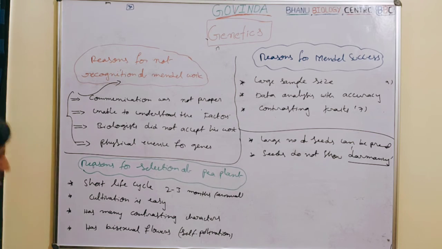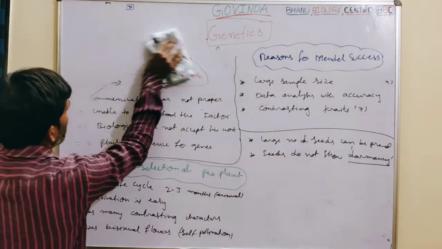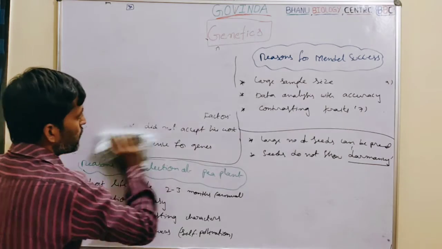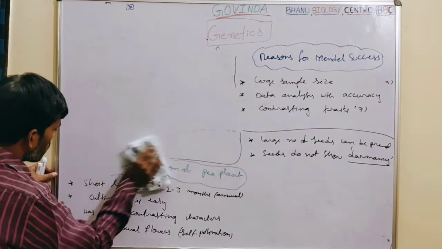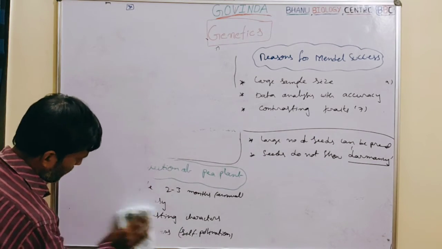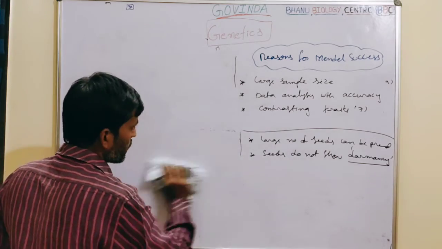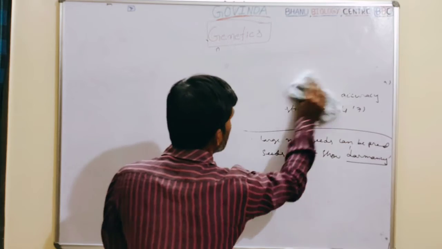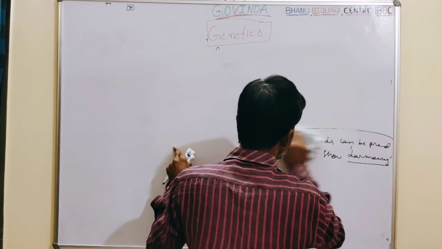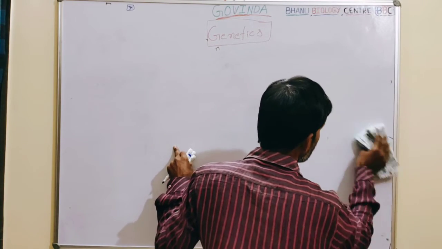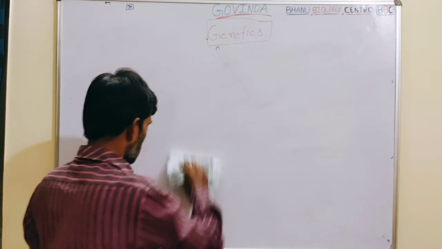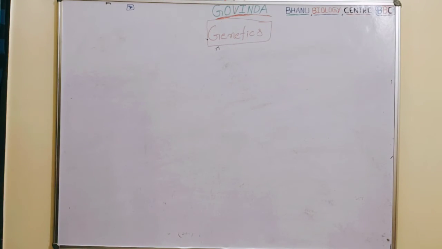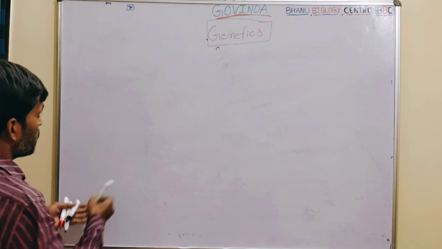Right. So finally, I give you one table which represents the contrasting traits selected by Mendel for his experiments. How many contrasting characters were selected by Mendel? 7 contrasting characters. Now I draw the table here.